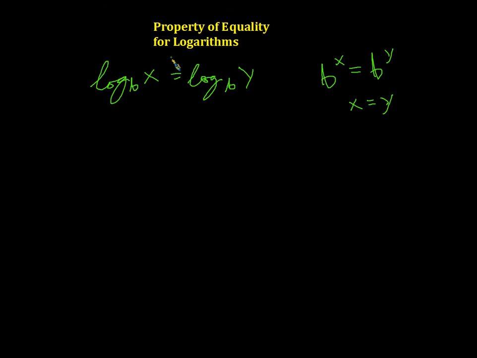Well, it turns out that if I have the log base b of x equal to the log base b of y, in other words, two logarithms with the same base, whatever the arguments are, I'm going to introduce a new term here. This is known as the argument of this log, and this is the argument of this log.